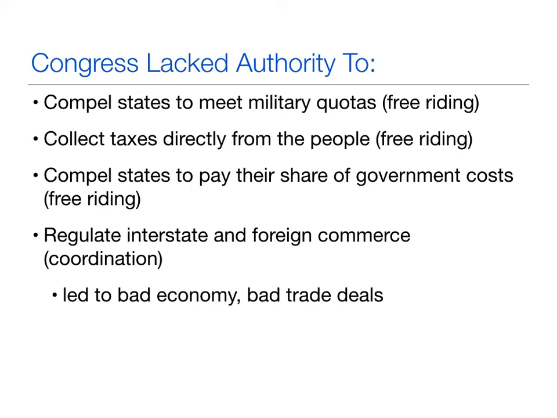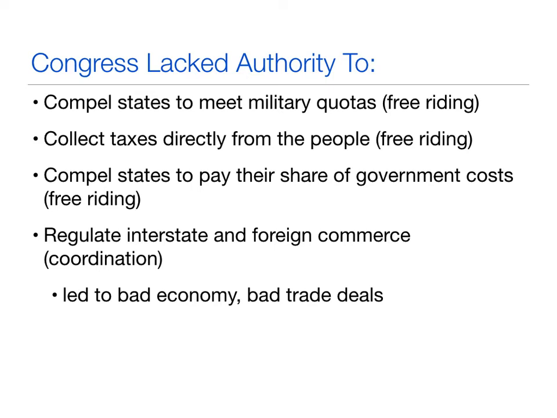So, again, this leads to free riding and underfunded government. It couldn't compel states to pay their fair share of government costs, which again leads to free riding and an underfunded government, which would be a real problem when the country has over $10 million of national debt after the Revolutionary War is over, and you have to pay that back before you proceed with other actions.